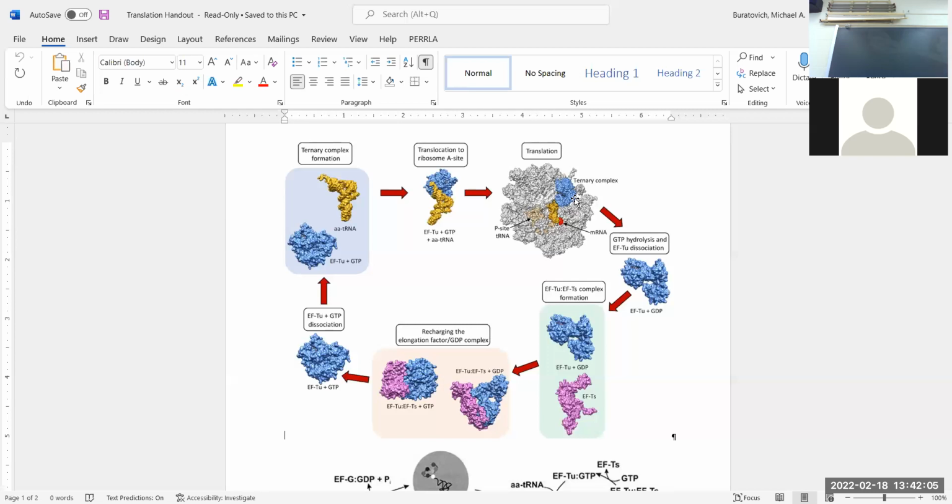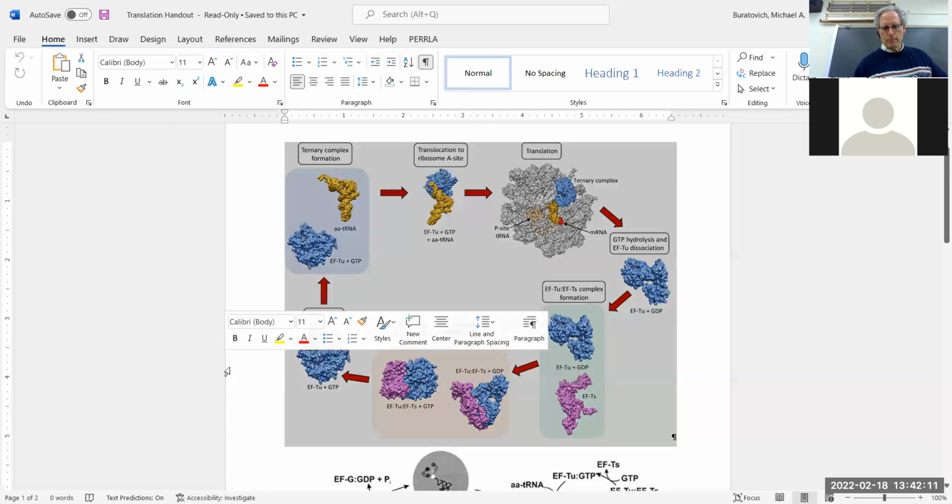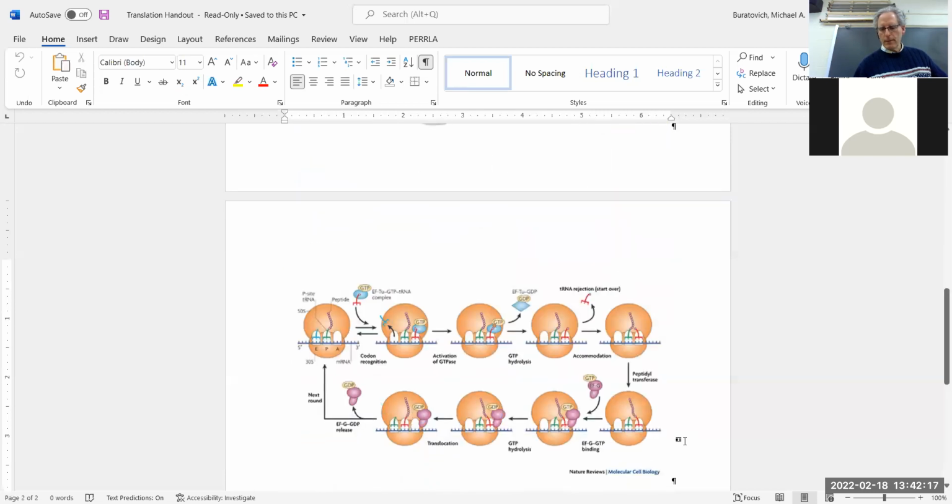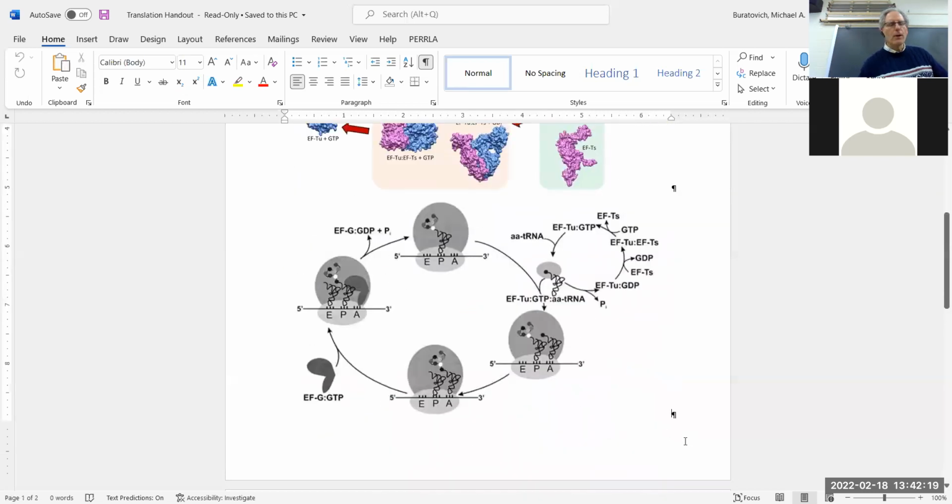What happens to that ribosome then? You now have two sites that are occupied. You have a P site and an A site that are occupied with a charged tRNA.